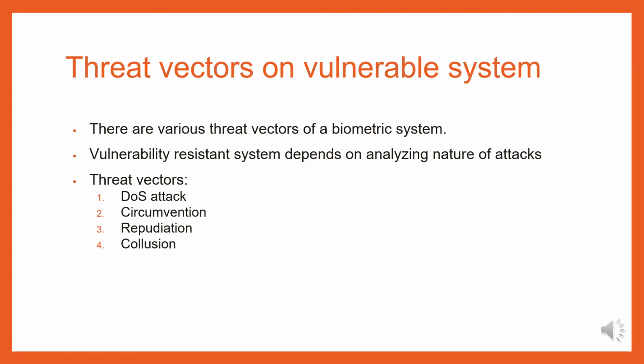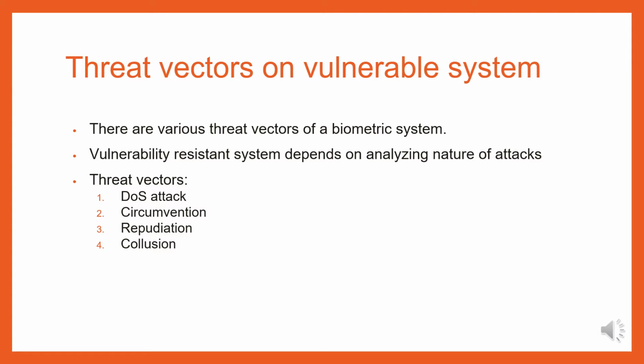The second one is circumvention. The term circumvention relates to the misrepresentation of access privileges and unauthorized people getting access. The third one is repudiation. Threats involving denial of access by a malicious user are referred to as repudiation.